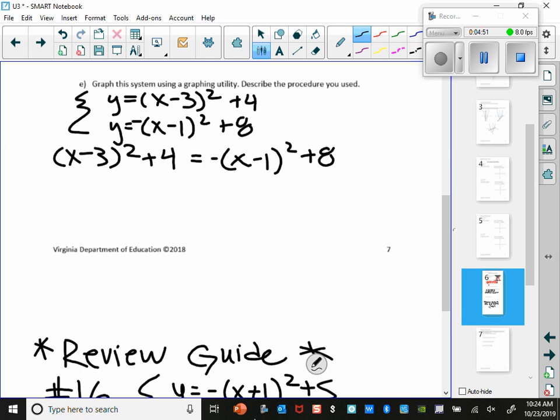So talking about this first one here on the left, for me to keep solving from here, I'm going to need to expand this and then simplify it. So think about your basics, your order of operations, right? First, you should be doing your exponents, which means I should be squaring that x minus 3 squared. So expand that out into that trinomial, and then you should be adding 4.